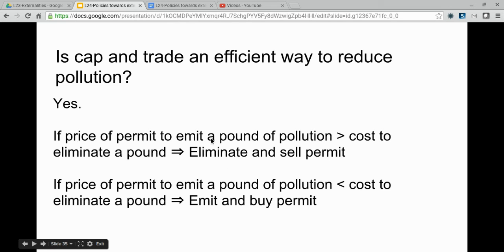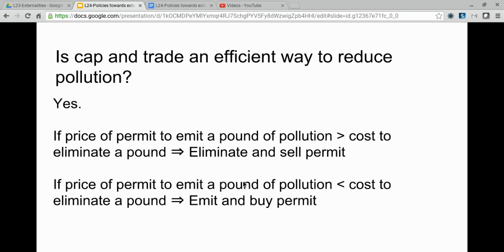This means that firms that have a low cost of eliminating pollution will tend to eliminate it, and firms with a high cost to eliminate pollution will pollute. We may not like the pollution, but at least we're eliminating or reducing pollution in an efficient fashion.